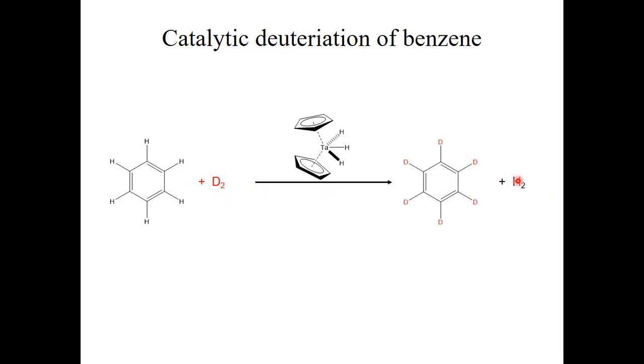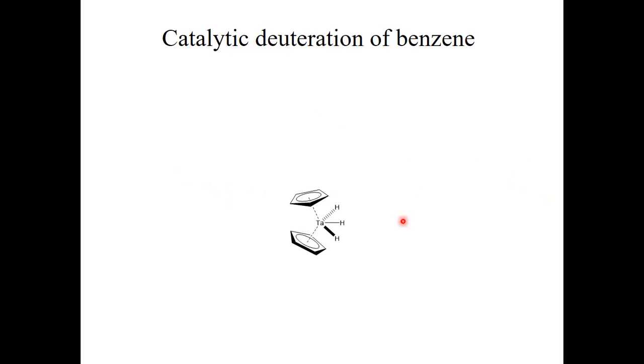So now how does this work mechanistically? So we start here from this catalyst, and this catalyst is actually a pre-catalyst. And that pre-catalyst can turn into the exact catalyst through the loss of H2.